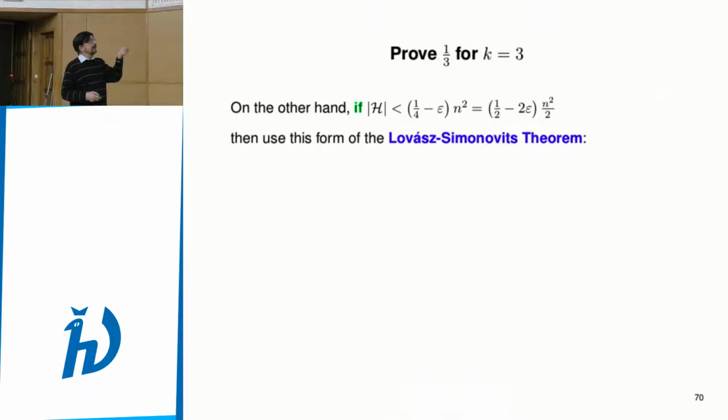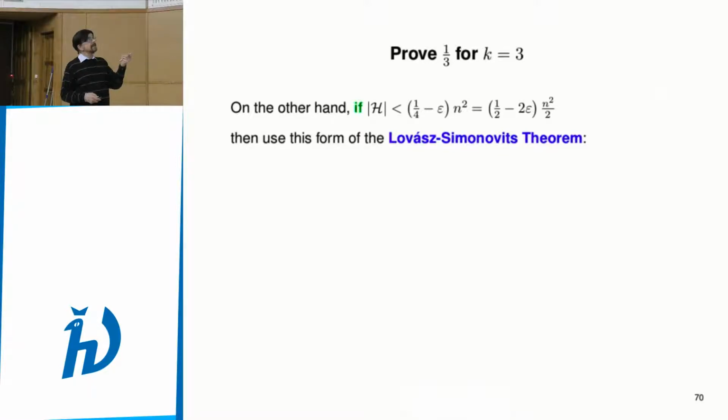So we can suppose that h is smaller than this value, and now we try to use the Lovász-Simonovits theorem, because in this case the number of 3-element sets is the minimum. The empty set here. So the minimum is n²/4.